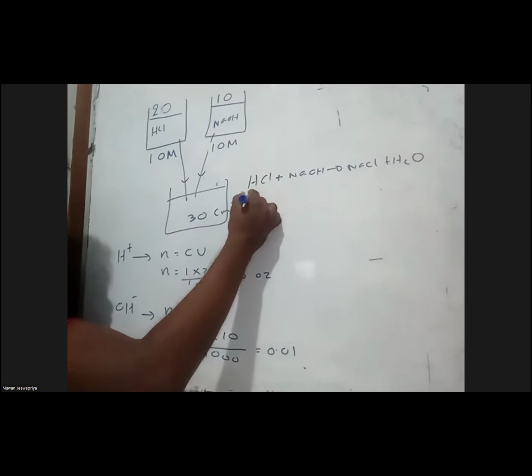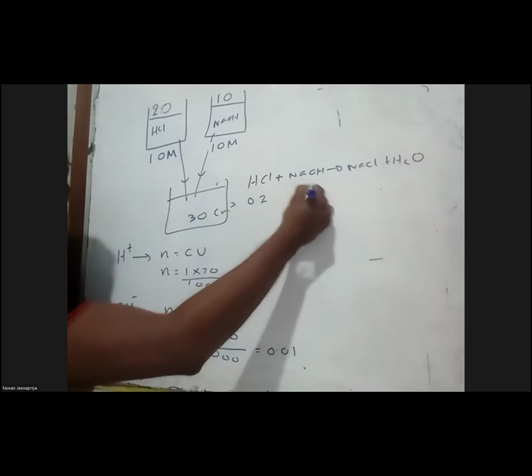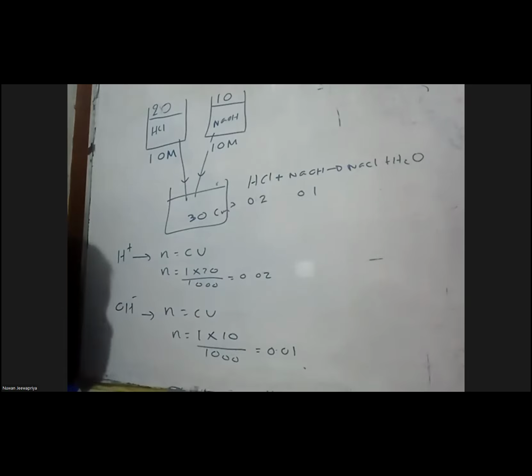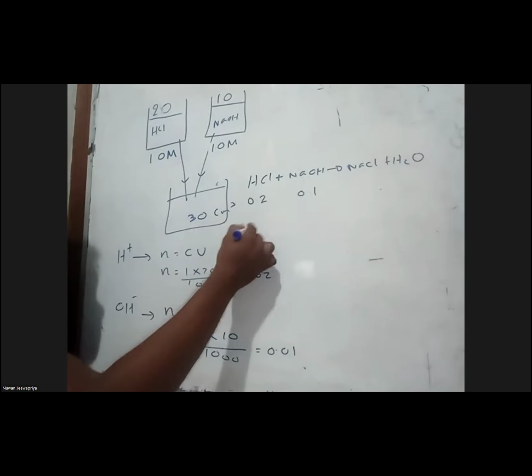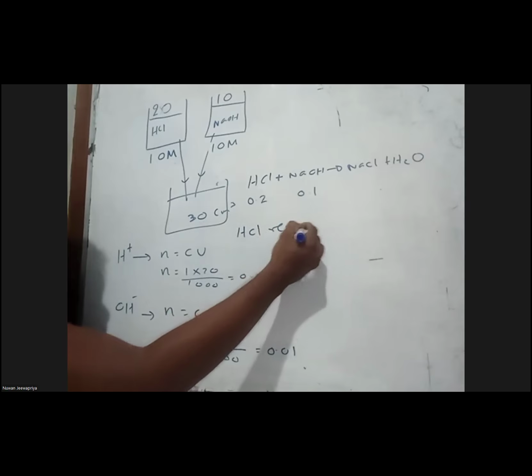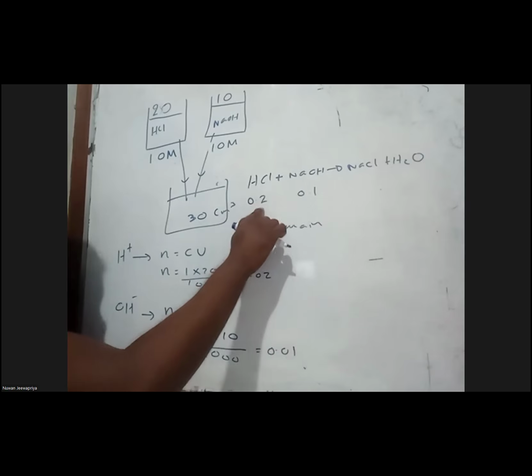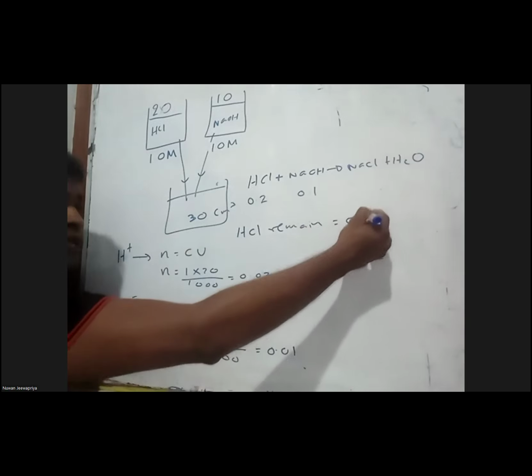Here 0.02 moles, here 0.01 moles. So how much HCl remains? Out of 0.02, 0.01 reacts. The HCl moles remaining is 0.01.